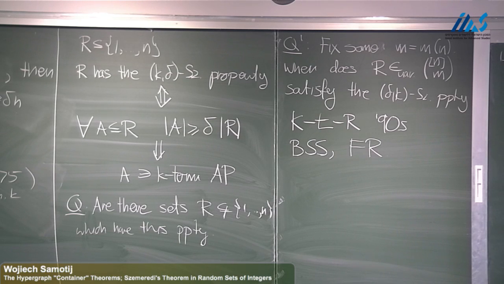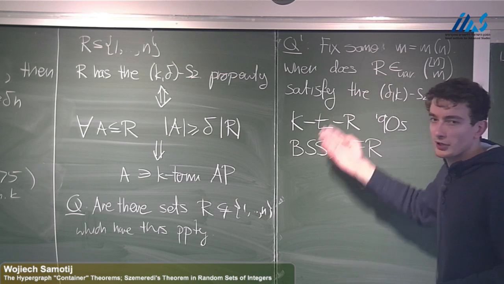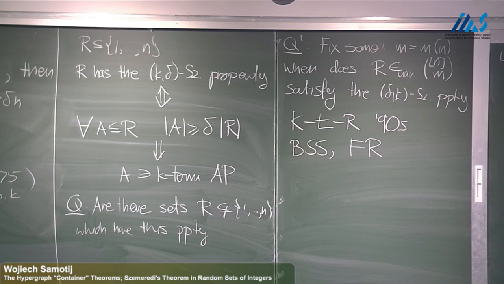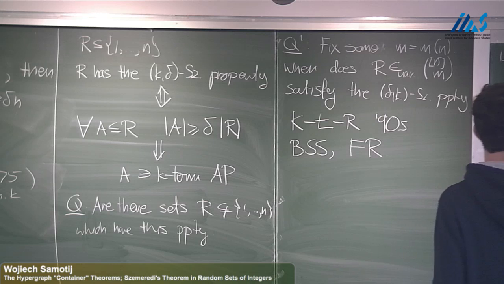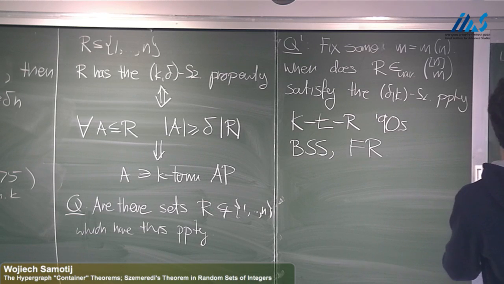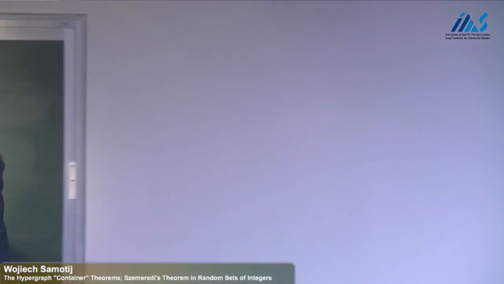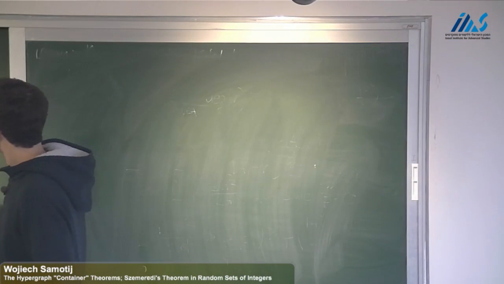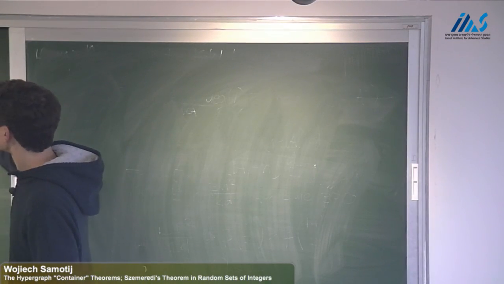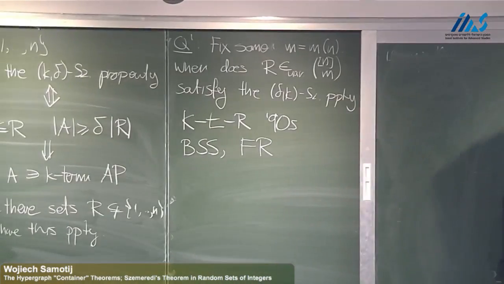Now, it's not so difficult to see that such a statement cannot be true for all functions m. This function m needs to grow somewhat with n, and let's see why. So the crucial quantity to look at here is the expected number of k-term arithmetic progressions that one sees in this random set.